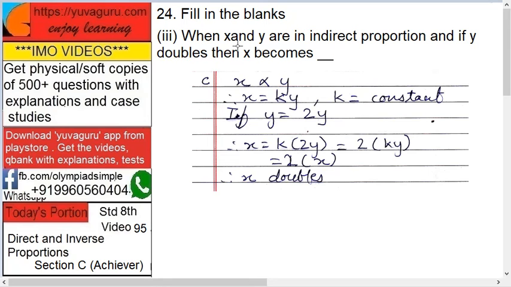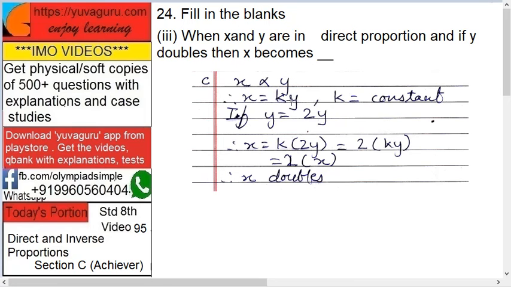Next, when X and Y are in indirect proportion, and if Y doubles, then X becomes, here indirect means inverse. Okay, X and Y are in indirect proportion. Sorry, the question is X and Y are in direct proportion and Y doubles, then X becomes. Here X and Y direct proportion, both should be in the numerator.